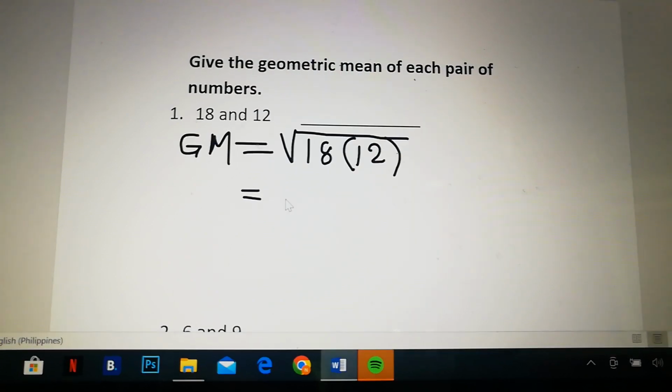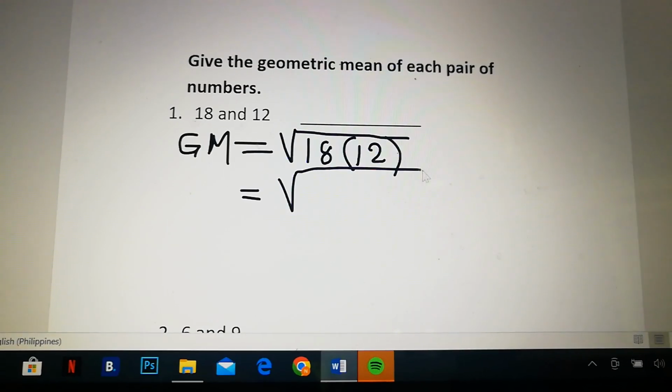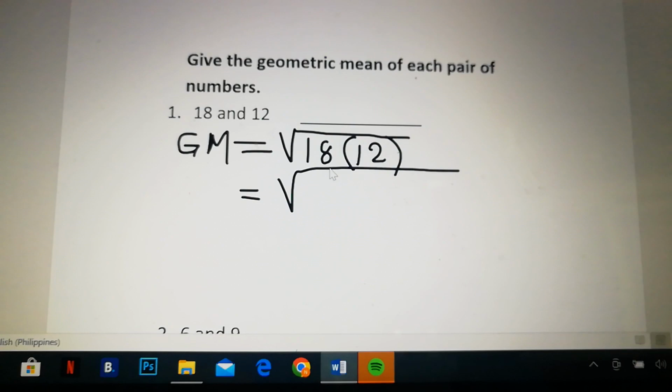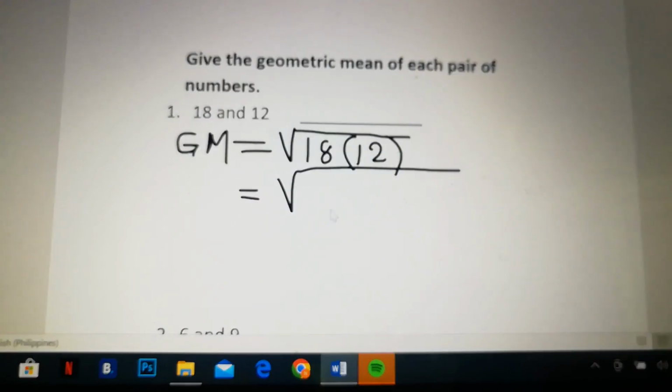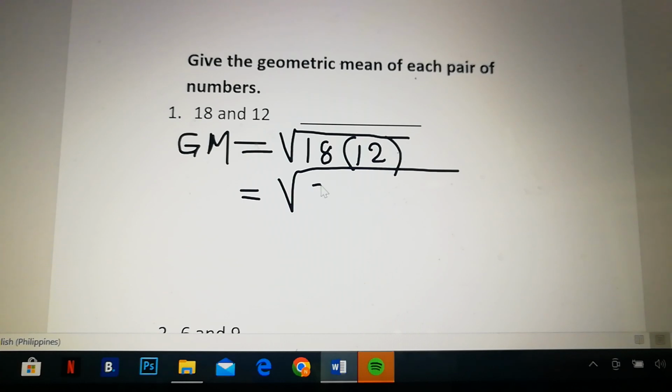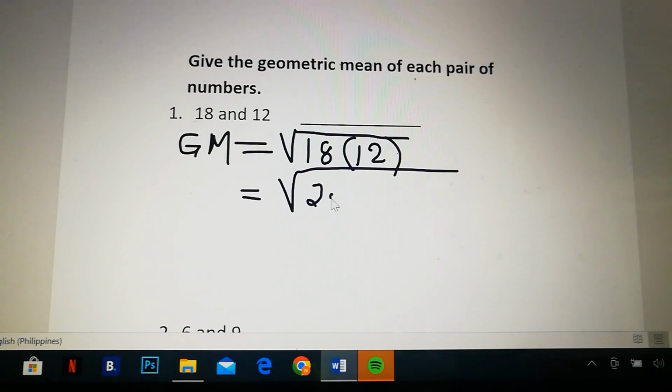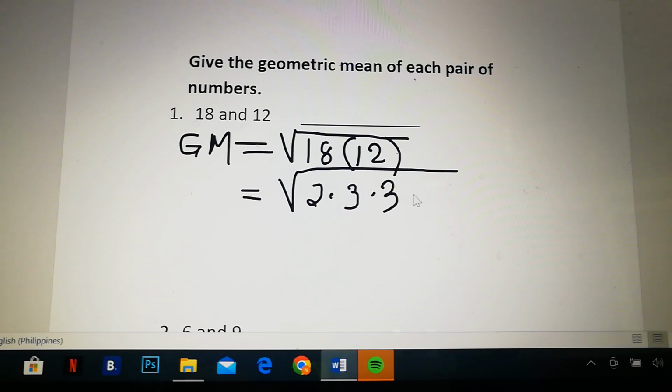You better transform this by changing 18 and 12 into product of prime factors. So 18 is 2 times 3 times 3, while 12 is 2 times 2 times 3.